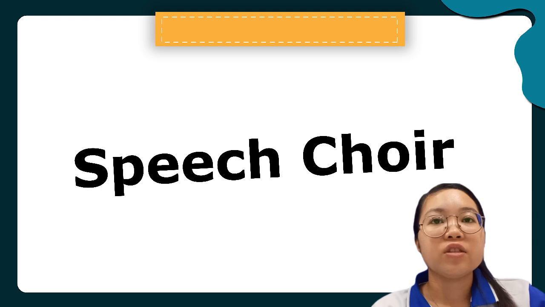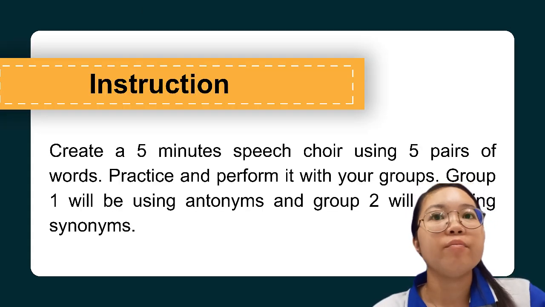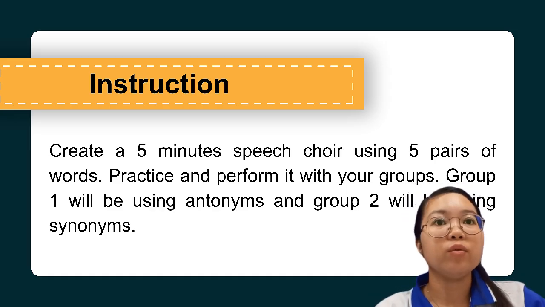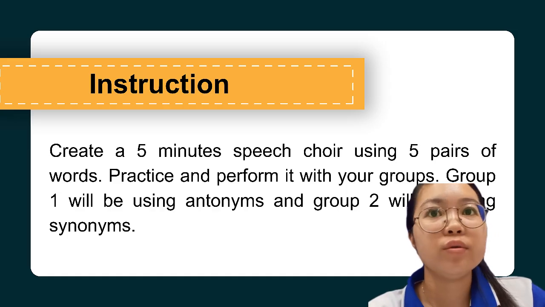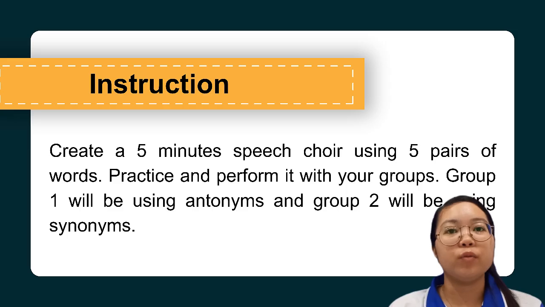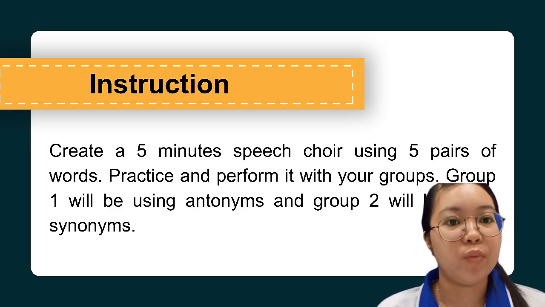For the instruction, create a 5-minute speech choir using 5 pairs of words. Practice and perform it with your groups. Group 1 will be using antonyms and group 2 will be using synonyms. Okay, class, this will be group 1 and this will be group 2. All you need to do is to create a speech choir.